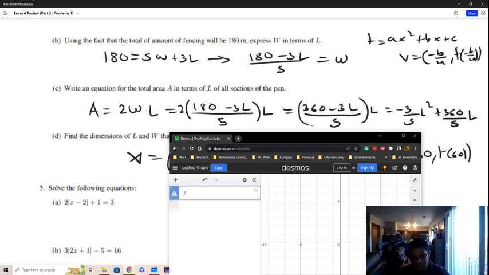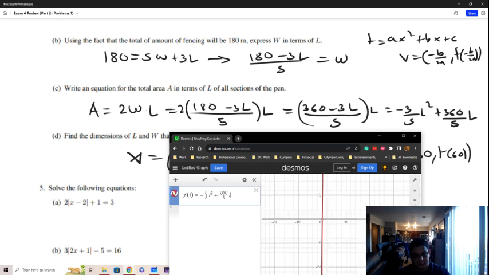So f of L is equal to minus 3 over 5 L squared plus 360 divided by 5 L. Okay.